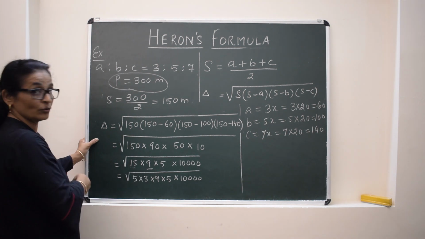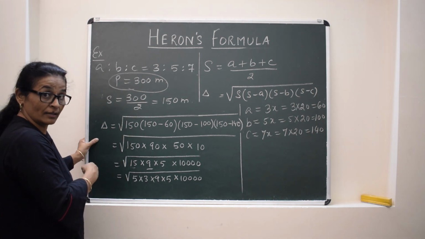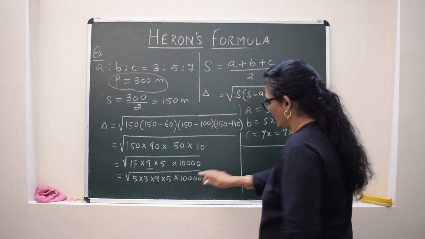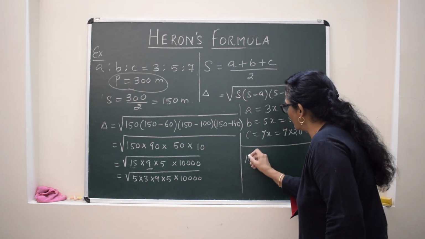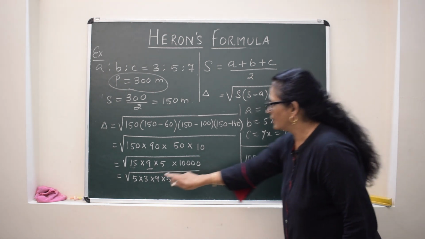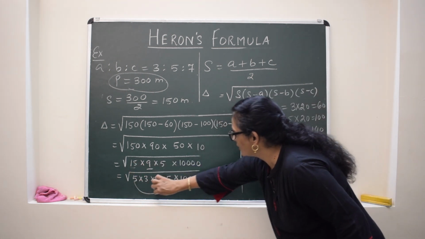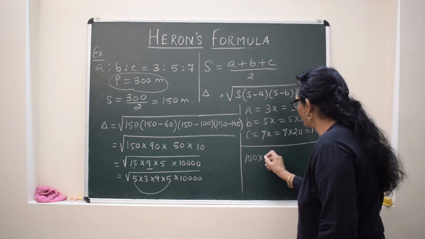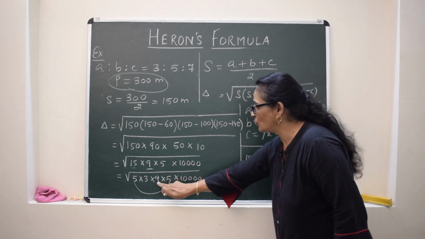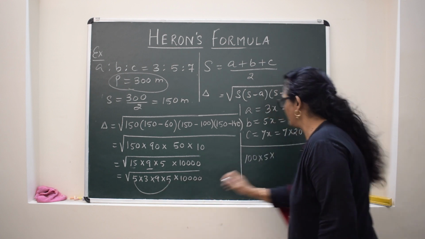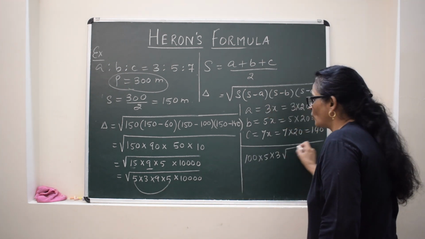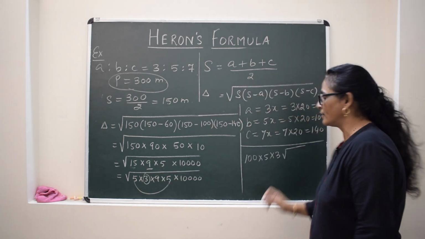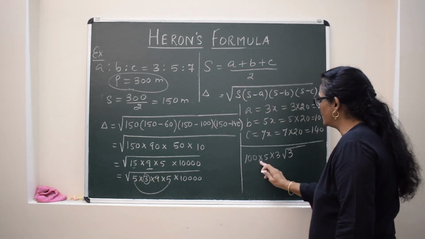Now we will bring out the numbers which can come out of the radical sign. 10,000 will give us 100. Then this 15 and this 15 is 5 into 5, 25, whose square root will be 5, as well as under root of 9 will be 3. So that will also come out. What is left inside the radical sign is this 3.